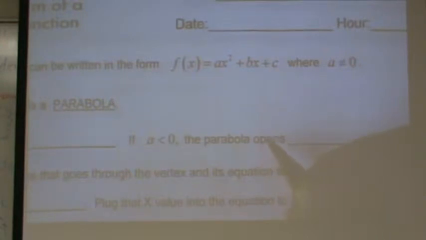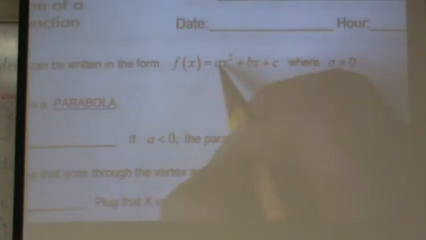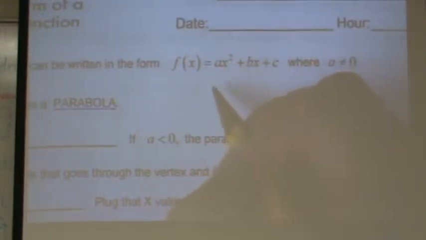Yes. That would remove the x squared, because it would be 0 and it wouldn't be a parabola. Exactly. If you replaced a with 0, you have 0x squared. That would mean you'd have a linear function, not a quadratic. So a can be any number, we're defining it as anything except 0.